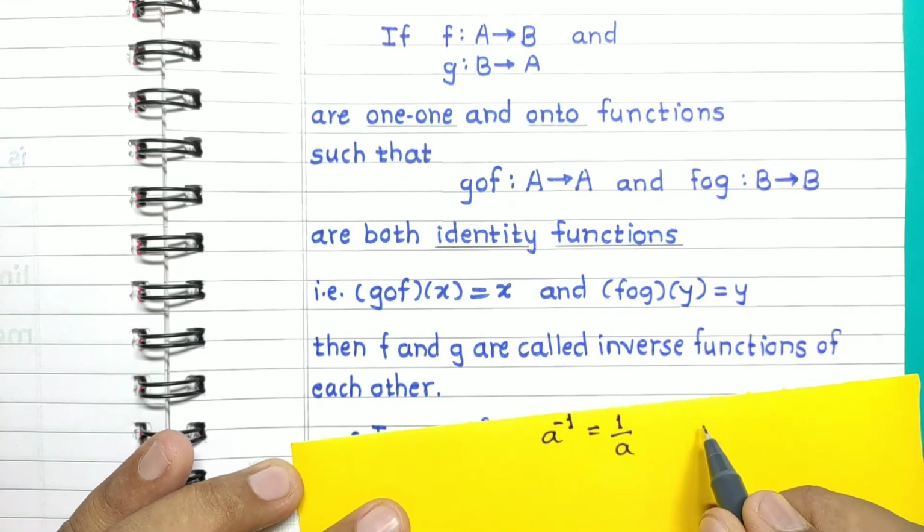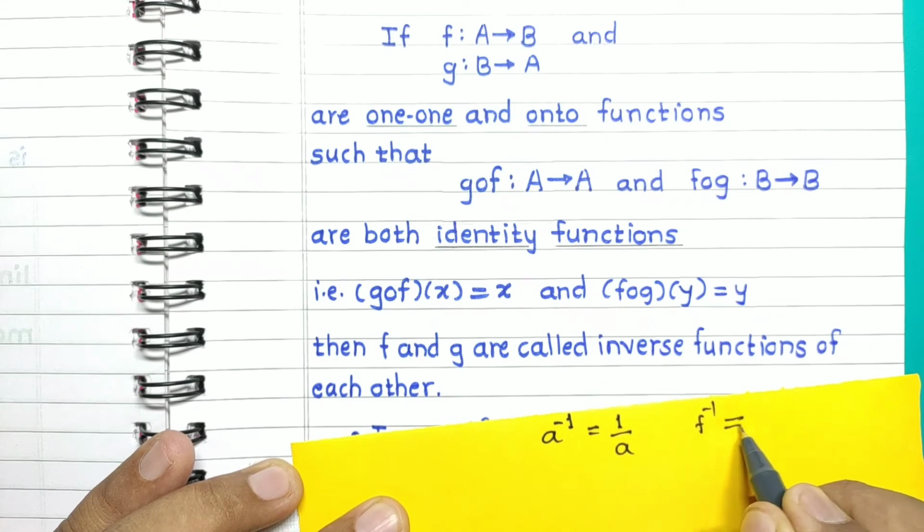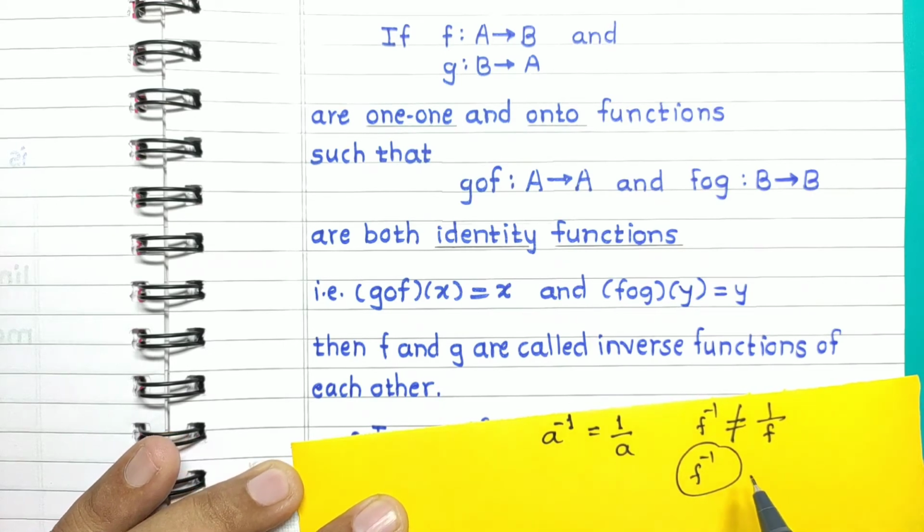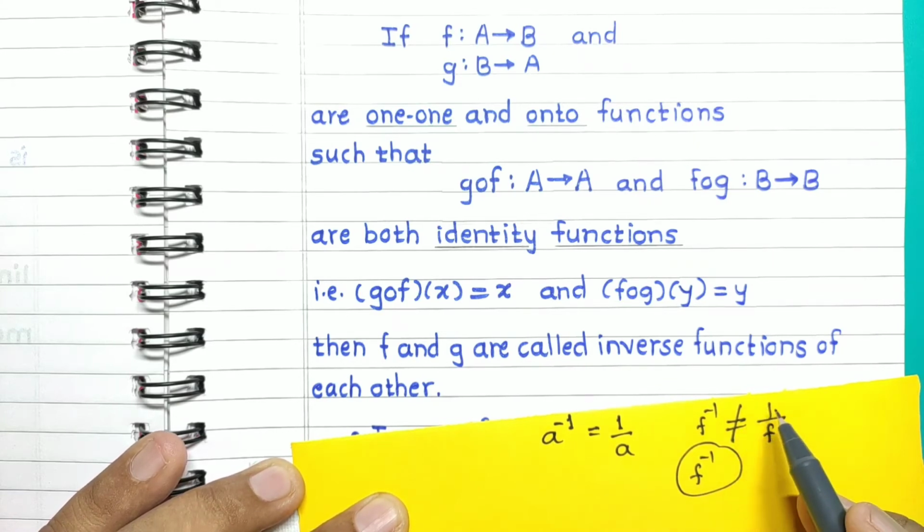Here f inverse is not 1 upon f. It is just a symbol to denote the inverse function. So don't confuse these concepts.